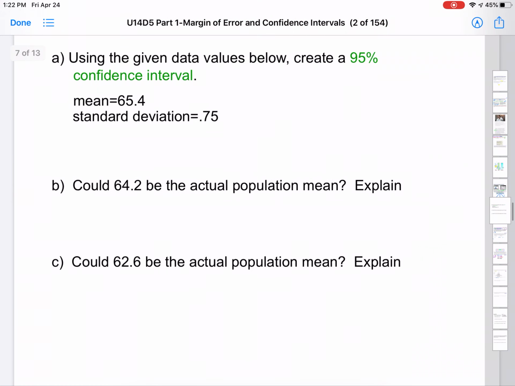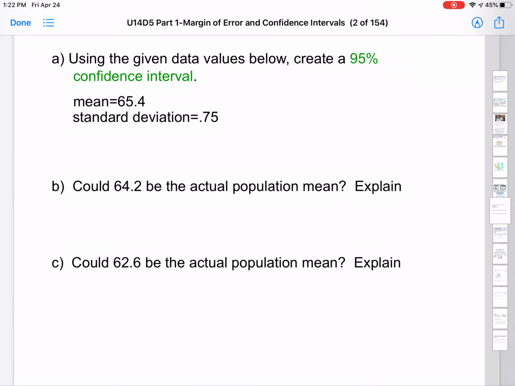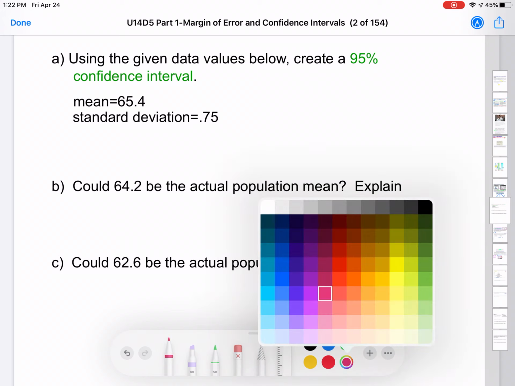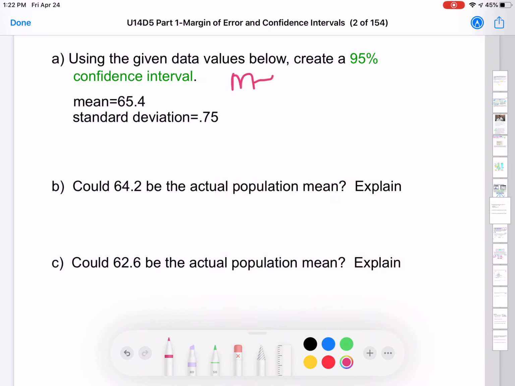Okay, so let's do our first question. And this is not hard. The math is very, very easy to do. The first question says, using the given data values below, create a 95% confidence interval. So all we're going to do is write down our formula. It's the mean plus or minus 2 standard deviations.